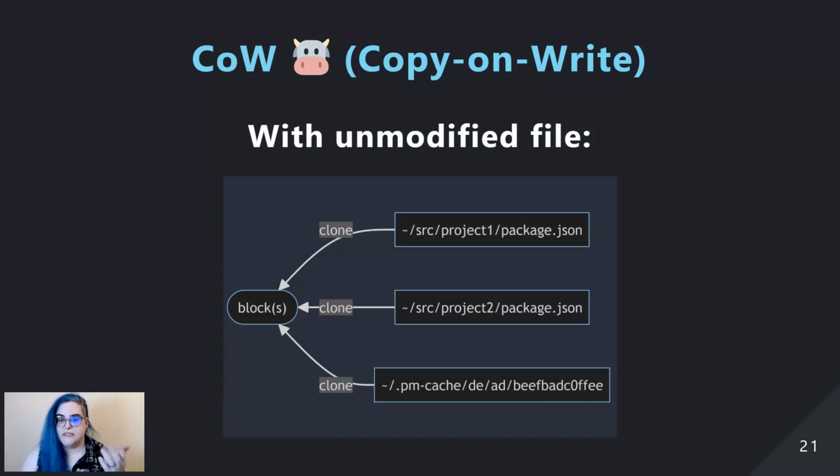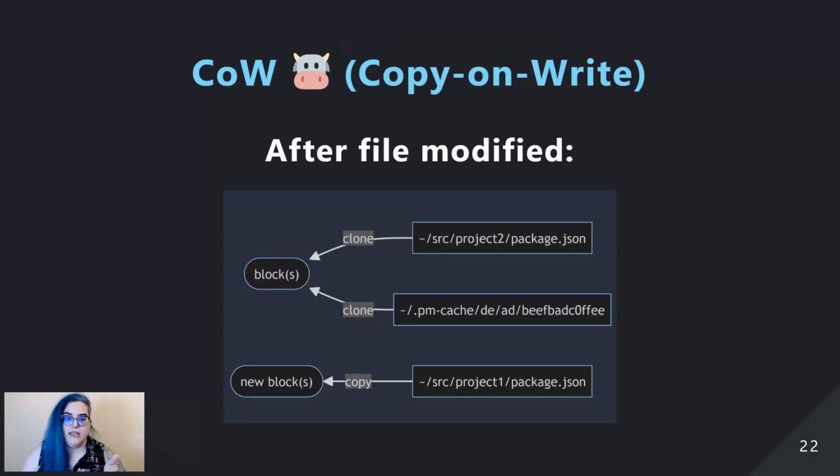I'm just trying to get the point across. All three file names point to the same data when the ref links are made. After a file gets modified, the data is written to new blocks instead of the original ones, and the modified file points to those new blocks.